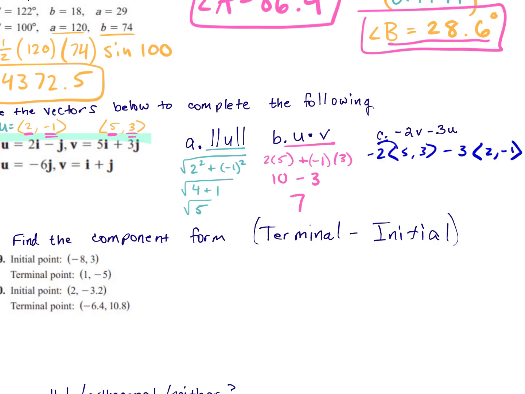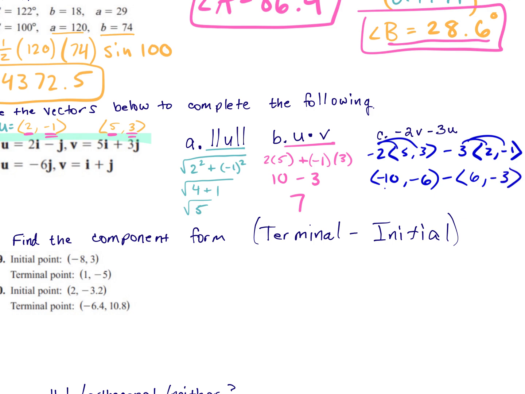We can distribute first. So this gives us -10, -6. Minus, here I'm just going to distribute the 3 first and leave it as a minus. If you wanted to distribute the -3, you could, and then change it to a plus. But I'll leave it as a minus and only distribute the 3. So this would be 6, -3.